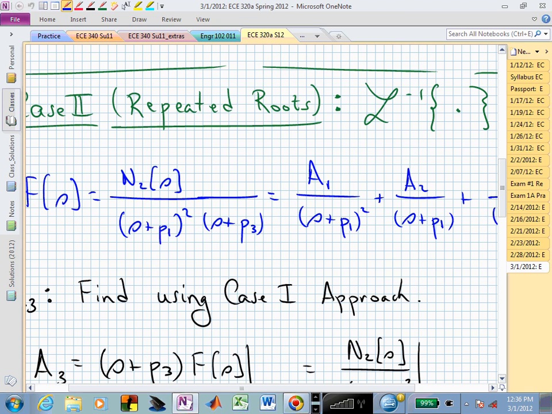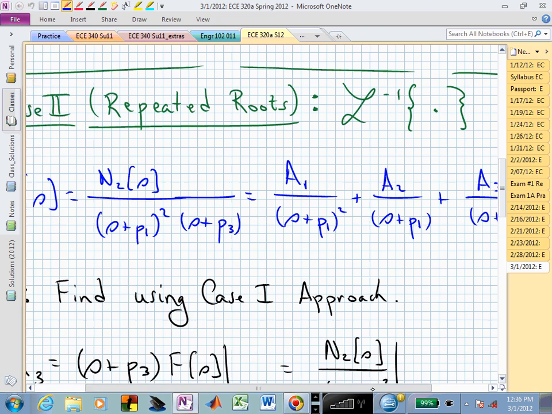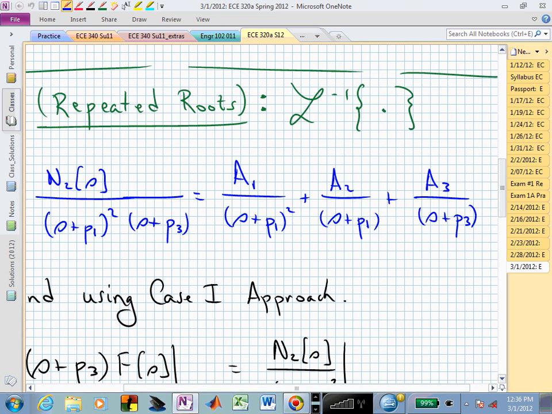The other third term appears on the screen when I'm doing this in the office, but when I come into a different projection system, the resolution is not quite as nice. But now we have A sub 3 over s plus p sub 3. As we talked about last time, we can identify A sub 3 using the case 1 approach, and we can also evaluate for A sub 1 using the same kind of technique.